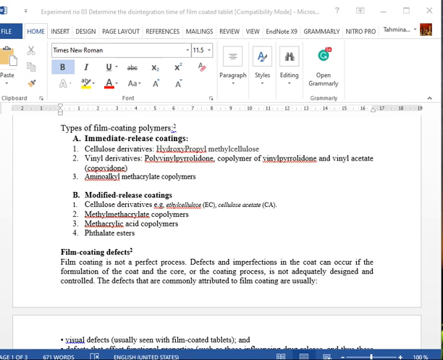Second type of modified release coating polymers, methyl methacrylate copolymers. Number third, methacrylic acid copolymers. And the fourth type in modified release coating is phthalate ester.